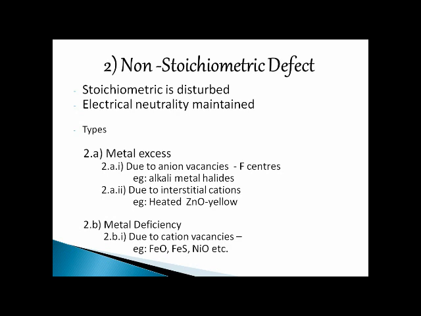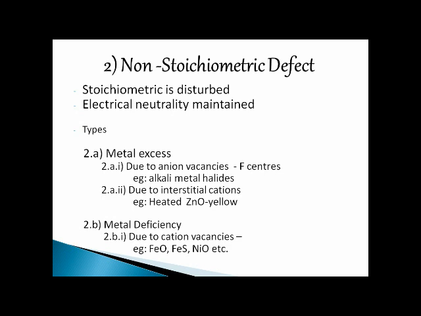Under metal excess defect, the second reason is due to interstitial cations. This type of defect arises when an extra cation is present in an interstitial site.